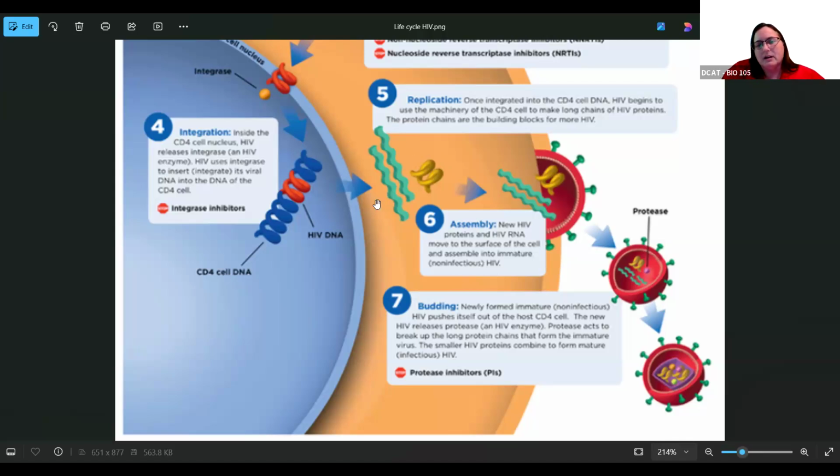So it's gotten all the content that it needs now. It puts it back into the shell of the HIV cell, and it pushes it out. So it buds off and it just shoots out, okay?